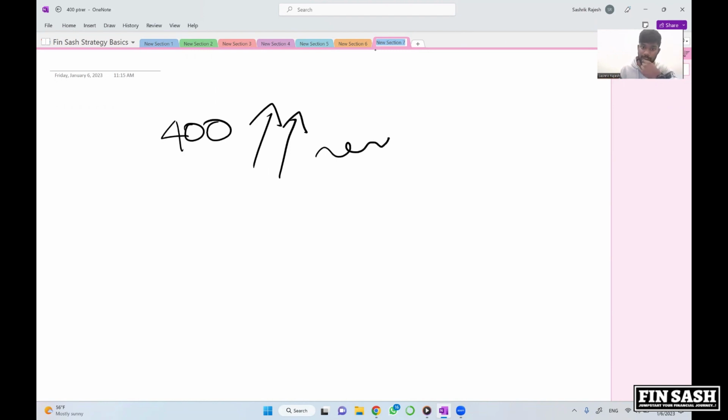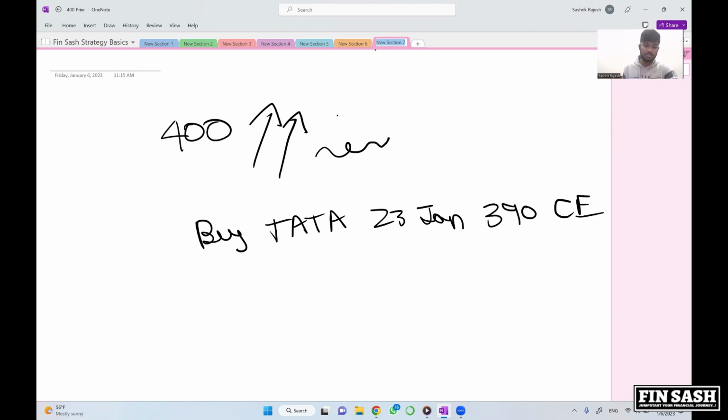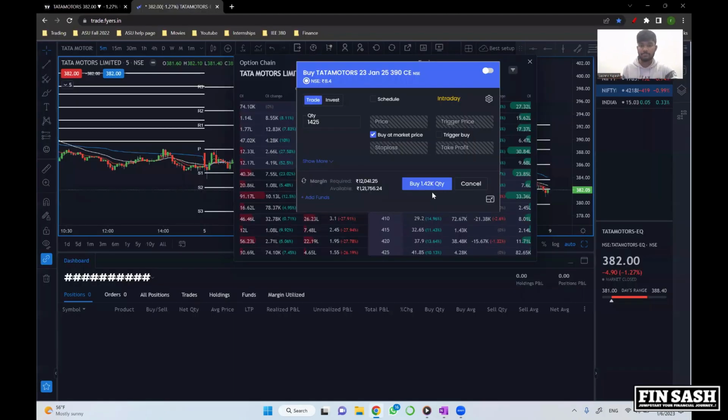So I'm going to say, for example, buy Tata Motors 23rd Jan 390 CE.